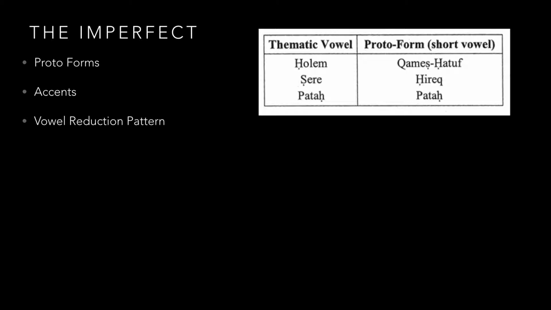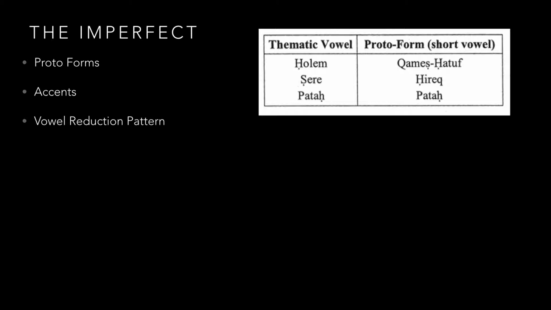With the tsere reducing to a hireq, we have an E shortening to an I. But that's totally fine, because in Hebrew they think of the vowel class as an E-I vowel class, not an I and then an E as we do in English.